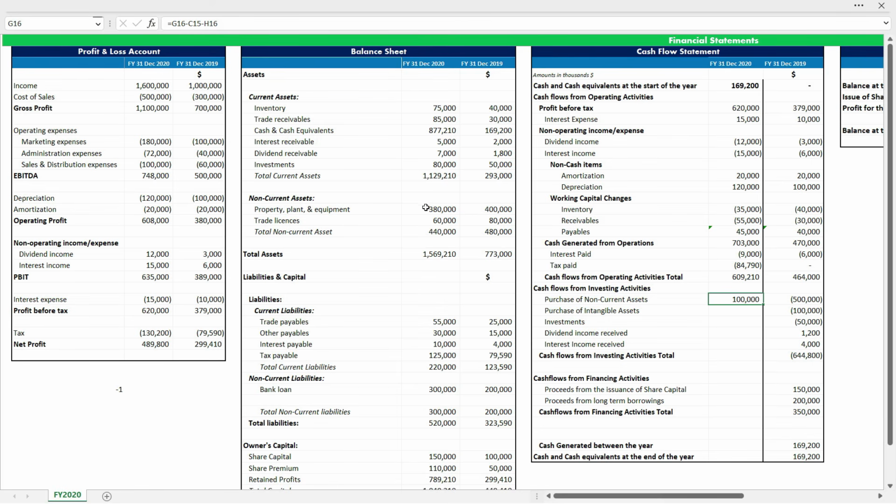At the end of the year we have 380, and with the reversal of depreciation we actually had, if we ignore this depreciation thing, we actually had 500,000. At the beginning we had 4, so 4 to 5, that becomes 100,000. And of course we got to change the signs here, so bracket and multiply that with -1.